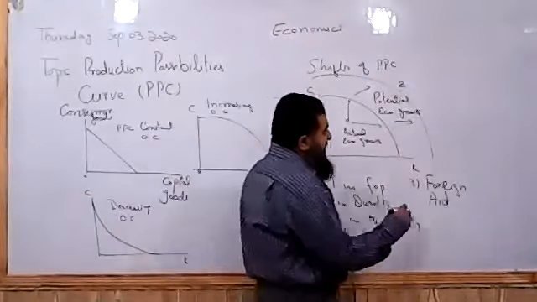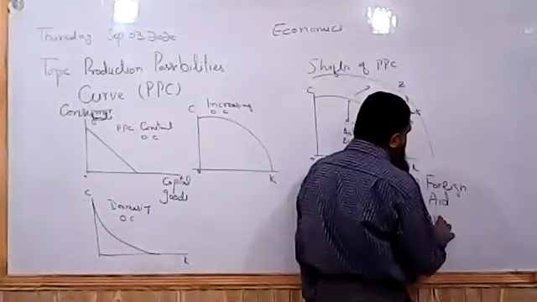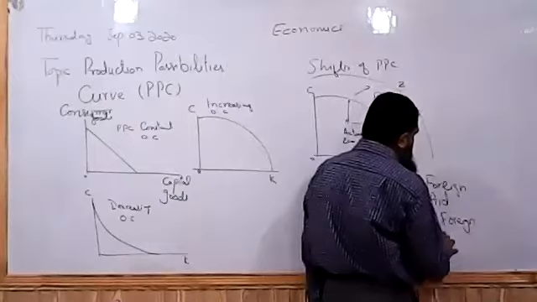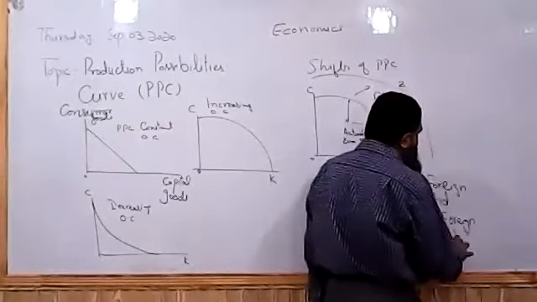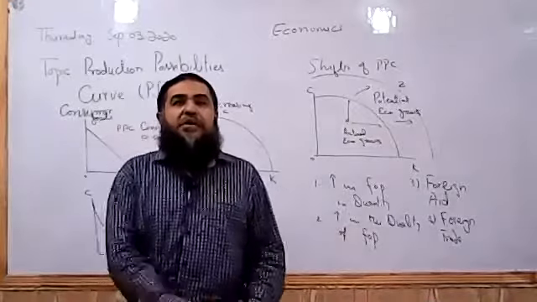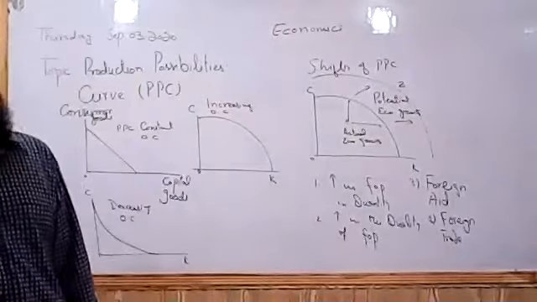Another factor which will cause an increase in PPC is called foreign trade. Foreign trade means what? International trade. If we are trading with other countries, our possibilities of production and consumption both will be increasing.